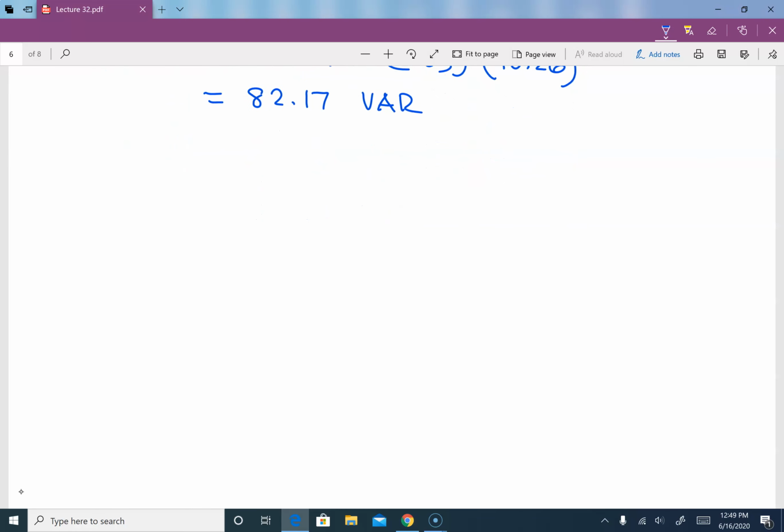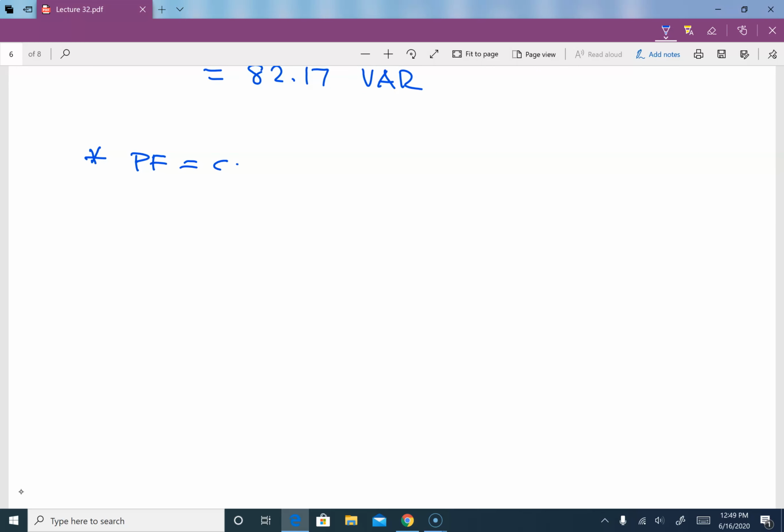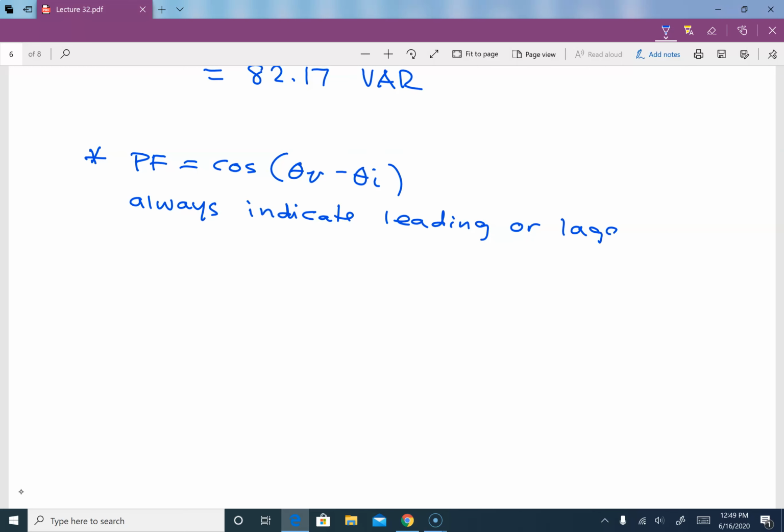As long as you know the following, you will be in good shape. The power factor is cosine of theta V minus theta I, and always indicate leading or lagging, and that is based on the current.